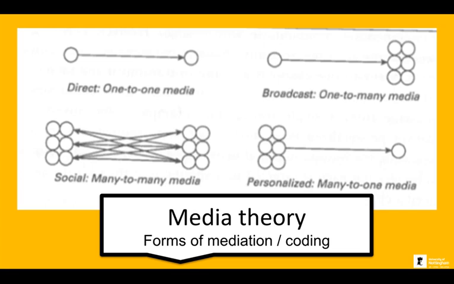So, let's work with another example. A mobile phone. A mobile phone, by definition, technically, is capable of having different types of media on it. When you make a phone call, a mobile phone works just like a normal telephone, and it's typically a one-to-one media.